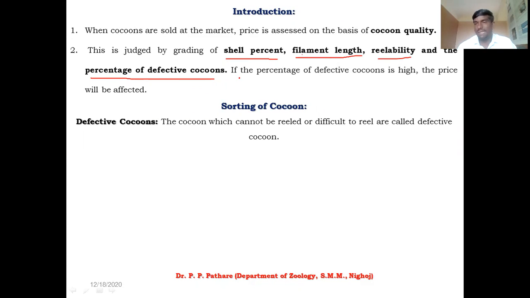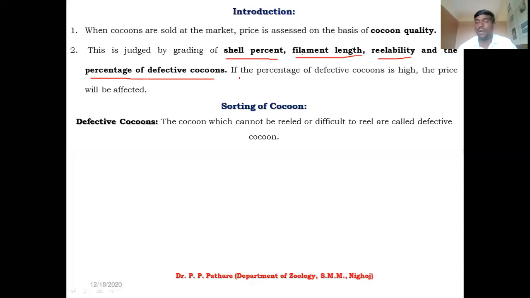So it is very necessary to sort out and remove such defective cocoons from your healthy or good cocoons. And such good-characteristic cocoons are sold in your market. Ultimately, you get a good price, or you can increase your income.